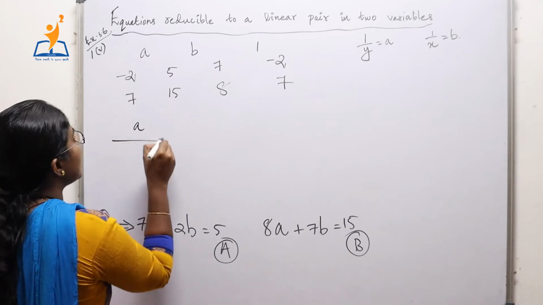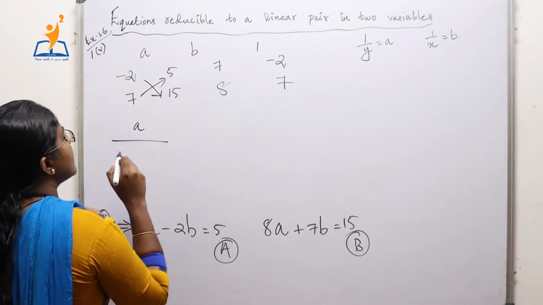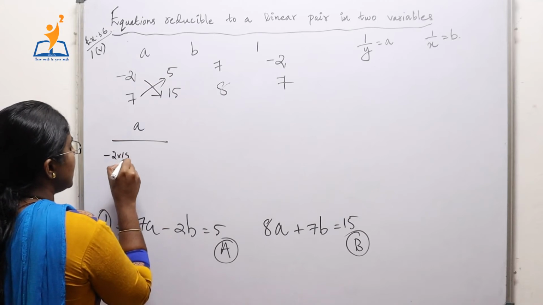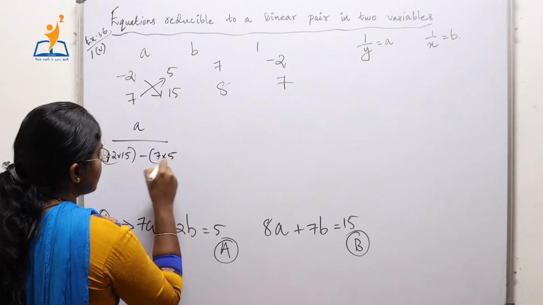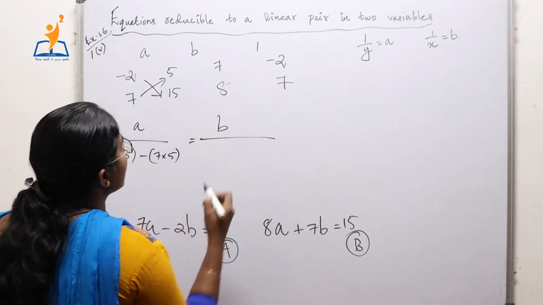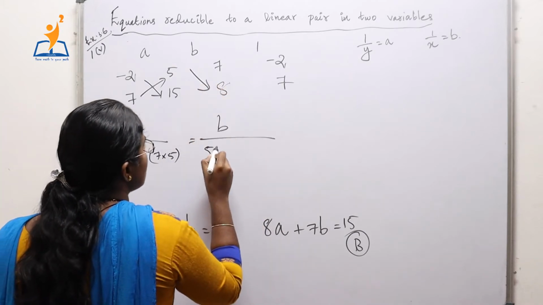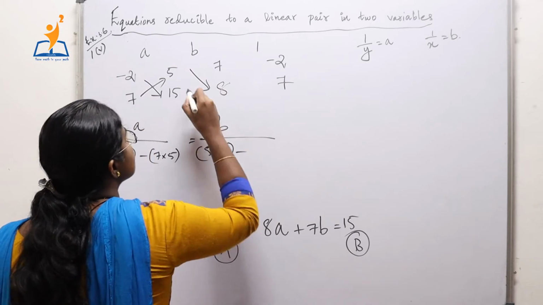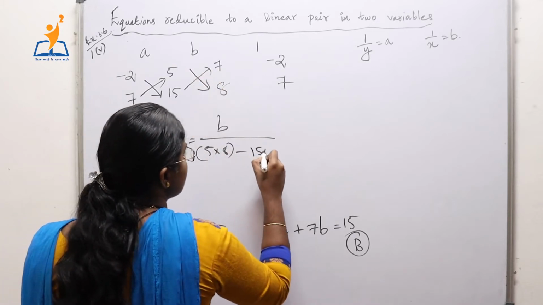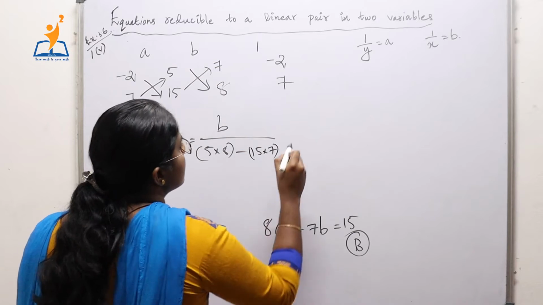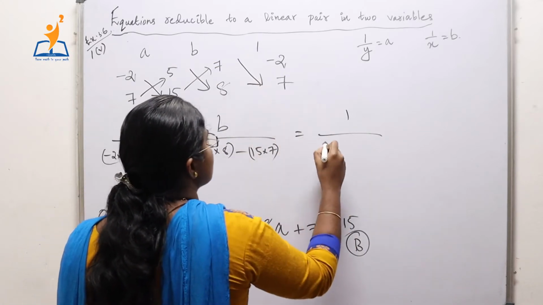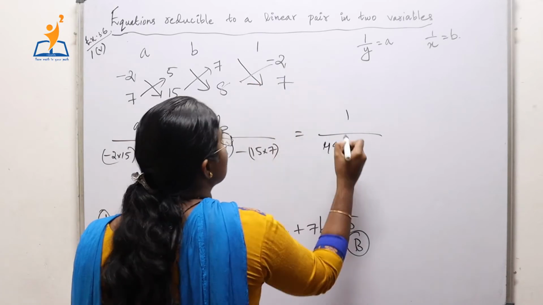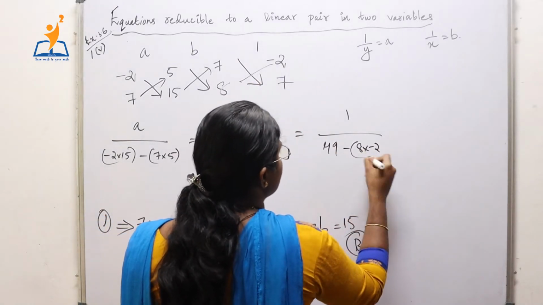Now a by simply cross multiplying, that is minus 2 into 15 minus 7 into 5, which is equal to b by 5 into 8 minus 15 into 7, which is equal to 1 by 7 sevens are 49 minus 8 into minus 2.